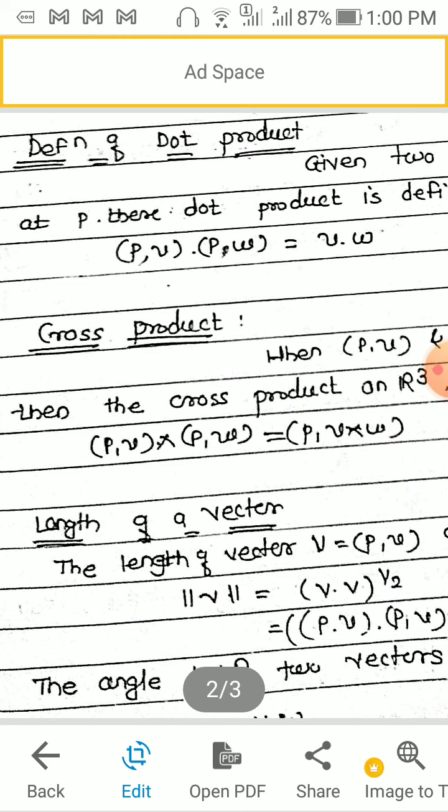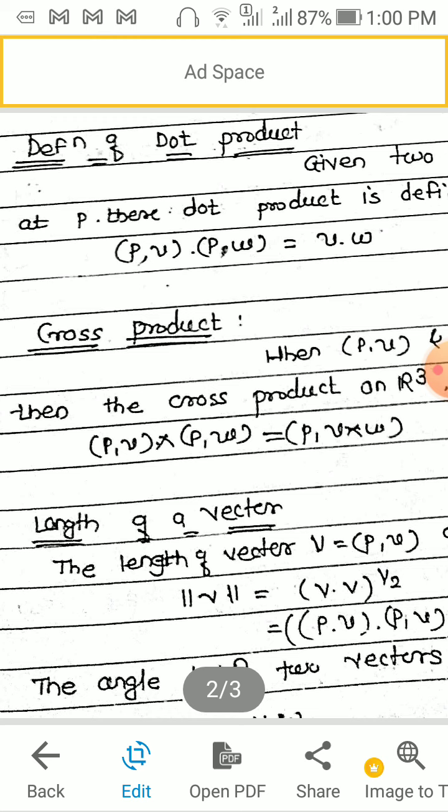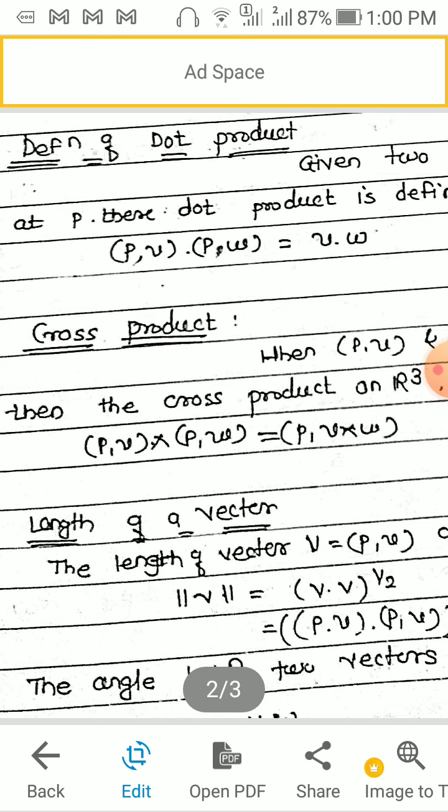Now, the angle between two vectors. Length of a vector we have defined; now we can define the angle between two vectors. The angle between two vectors, capital V equal to (P, small v) and capital W equal to (P, w), is defined through cos theta.